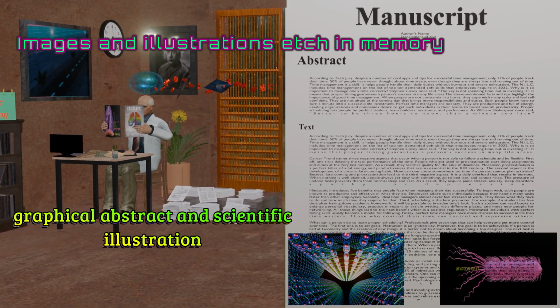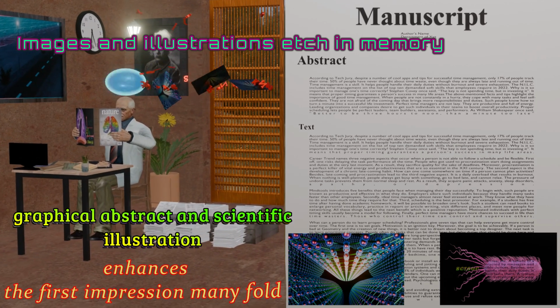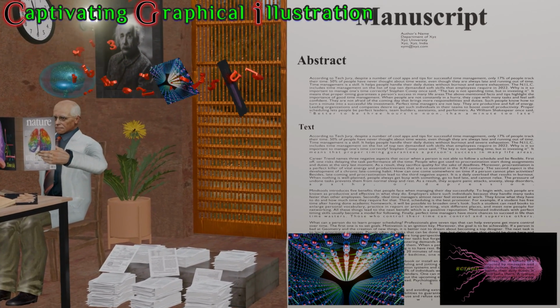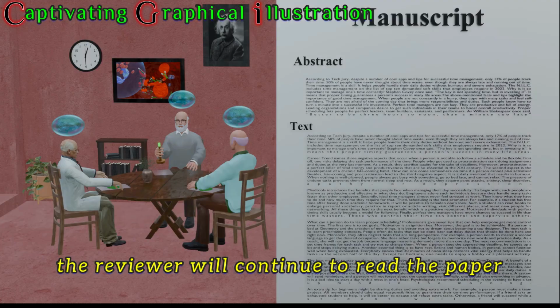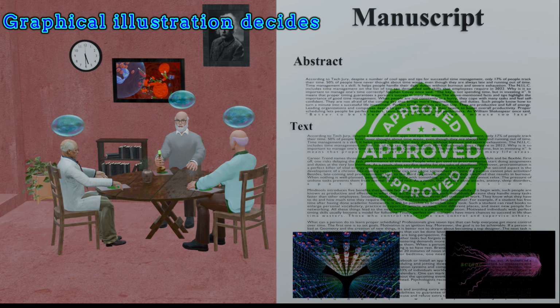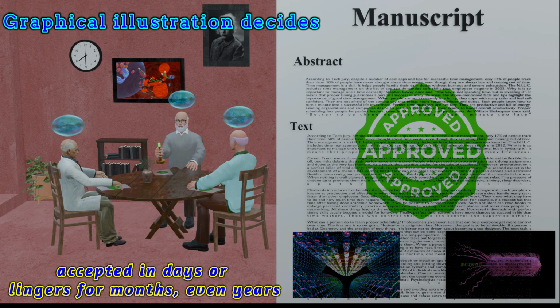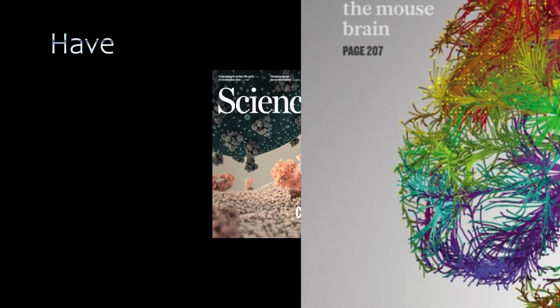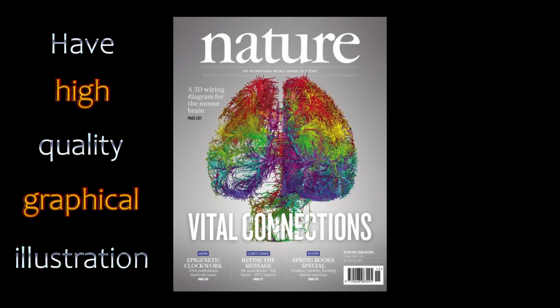The graphical abstract and scientific illustration enhance the first impression manyfold. If the graphical illustration is captivating, the reviewer will continue to read the paper, which will shorten the review time as well. A graphical illustration decides whether your paper will be accepted in days or lingers for months or years. If you take a look at the graphical illustration of high-impact journals, you will certainly know that they have high-quality graphical illustration.